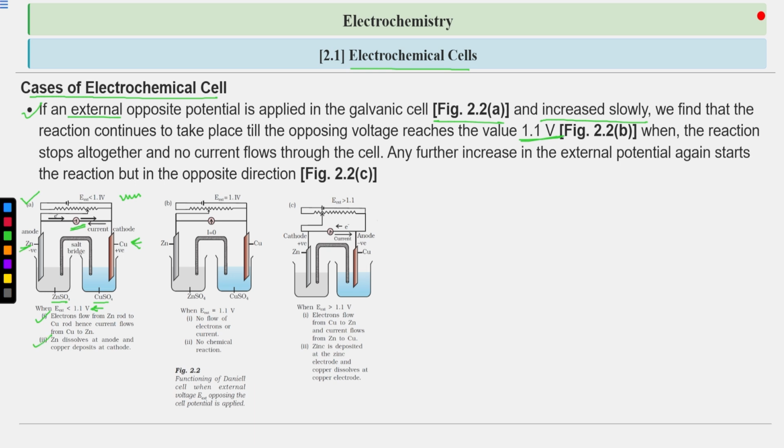And the zinc dissolves at the anode and the copper is deposited at the cathode. The zinc anode is present in the zinc sulfate solution, so this zinc is shredding from the anode and starts to dissolve in the solution. And at the cathode, which is already copper, copper starts to deposit.